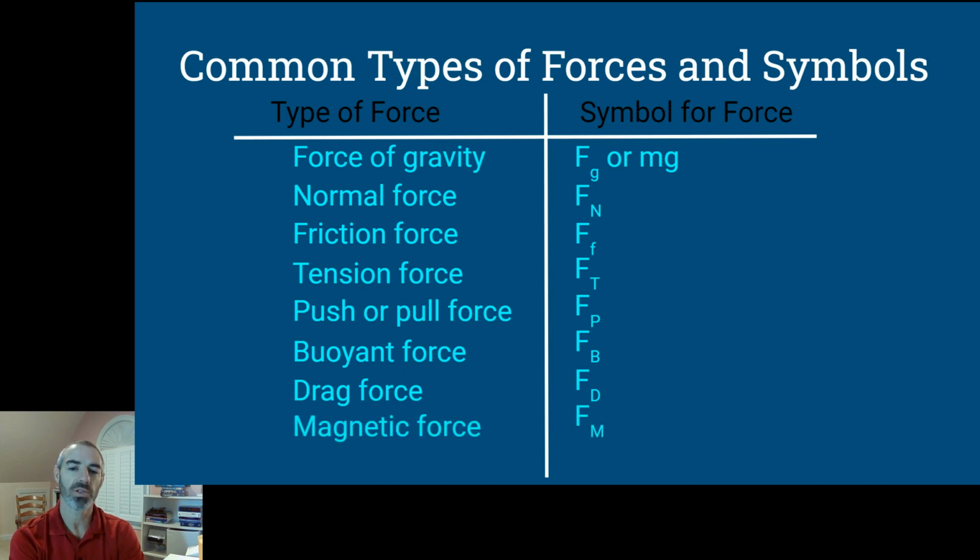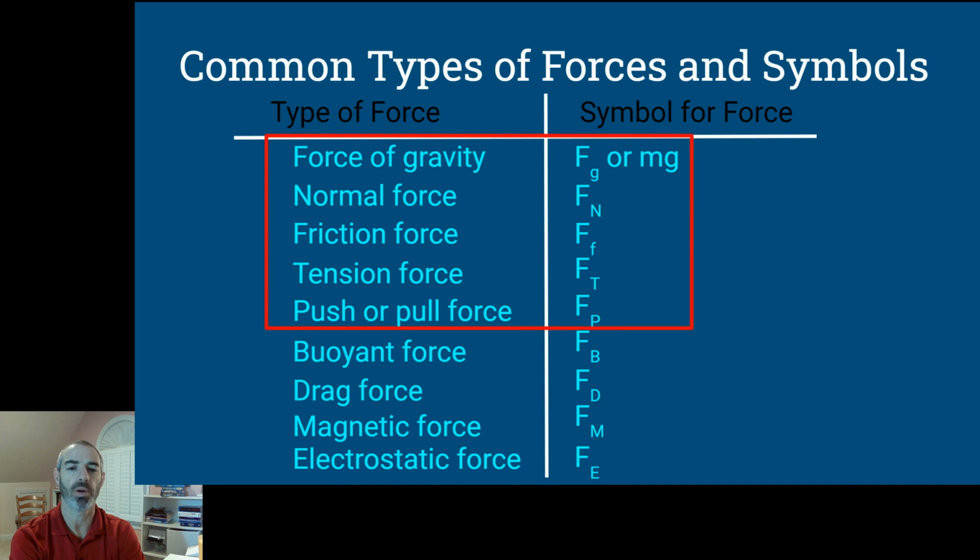A magnetic force, which is Fm, is produced by two magnets or a magnet. An electrostatic force would involve charged objects, like a balloon on a wall. Now, for the most part in Physics 1, we're going to focus on mostly these forces here. The other ones are more Physics 2.